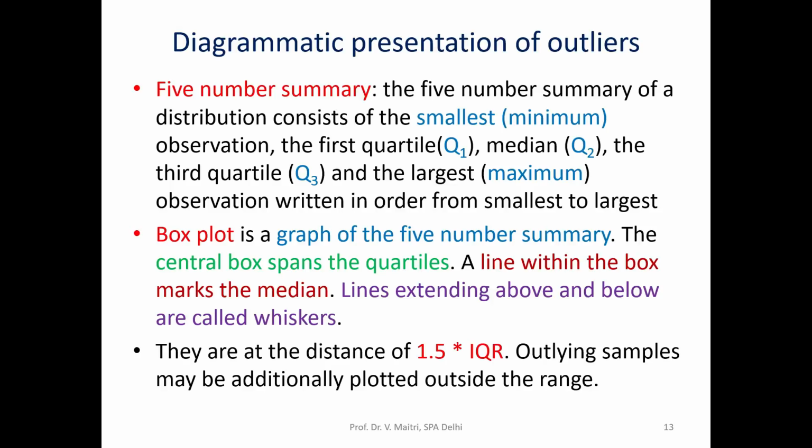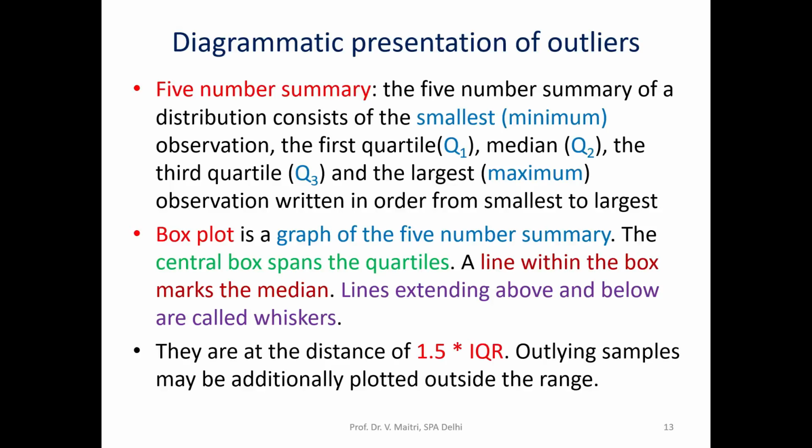It consists of the smallest observation, first quartile, median, that is second quartile, third quartile Q3, and the largest value. And this is written in order from smallest to largest. So smallest is the minimum value, then Q1, then Q2, then Q3, and then the maximum value. So this is the way we present the data.